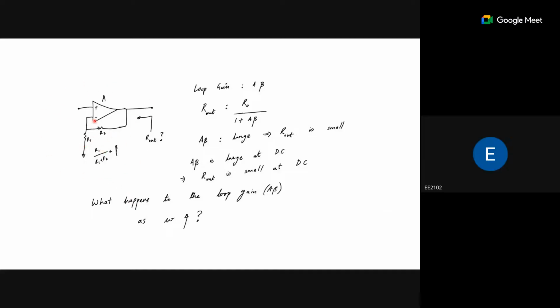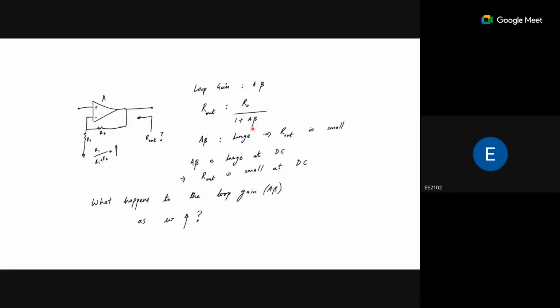You know that this is a non-inverting amplifier, so what should be the output resistance value? You know that R out will give you R naught over 1 plus A beta. You have already seen A beta whenever it is loop gain, so R out is R naught over 1 plus A beta.